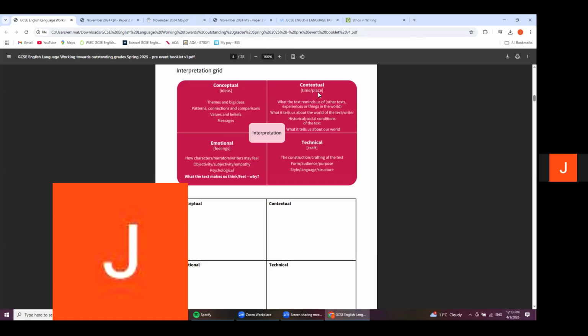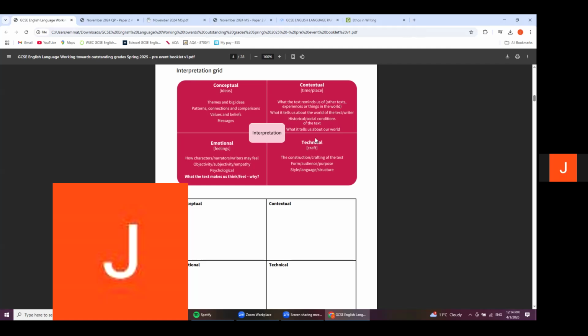Again, remember with source A and source B, source A can often be 20th century text, whereas source B can be a 19th century text. So there is a time shift in terms of language, tone, context as well. So bear that in mind. There may be a significant time difference in between when both texts were written. So that influences the language and so on.